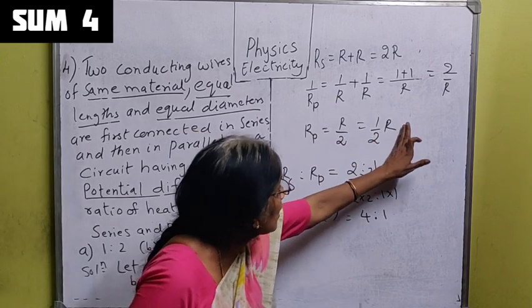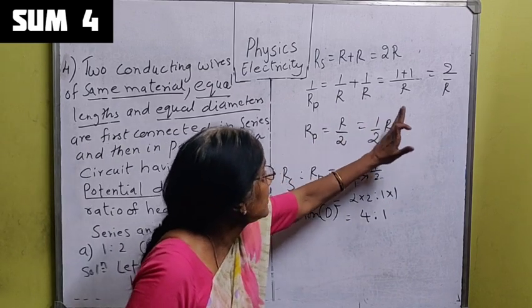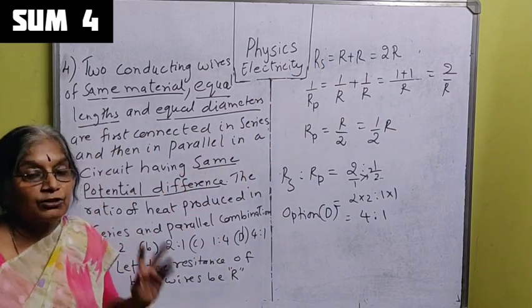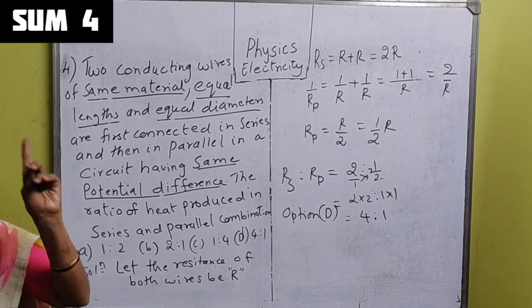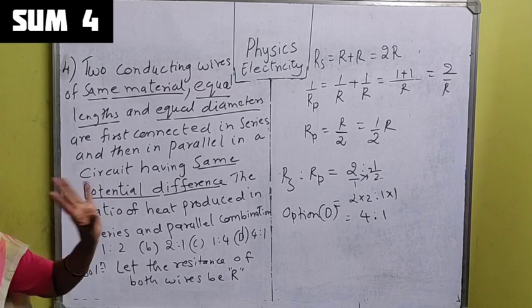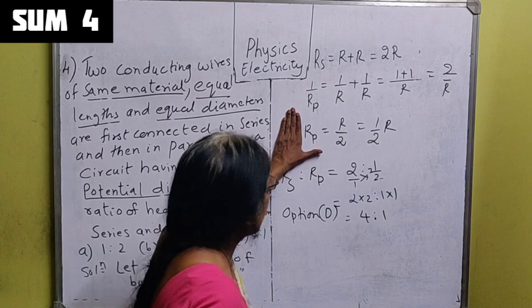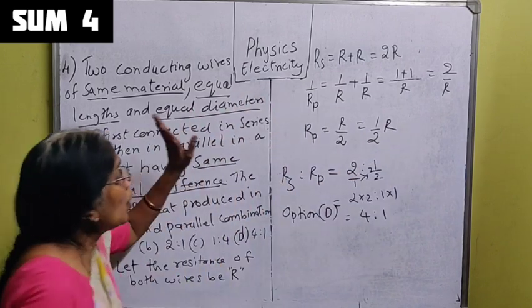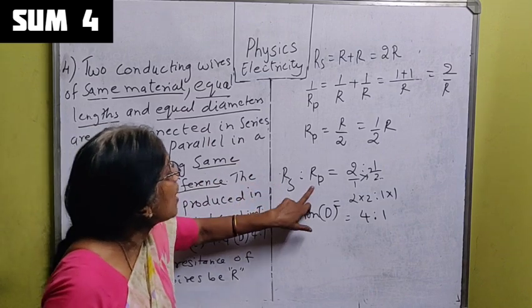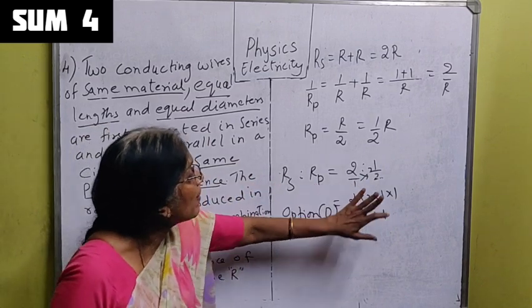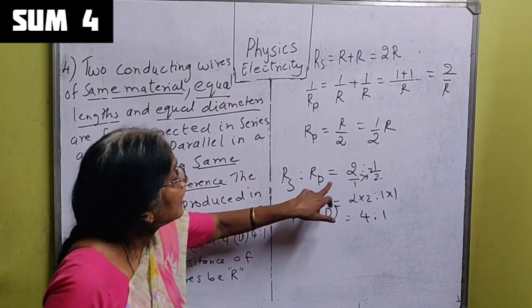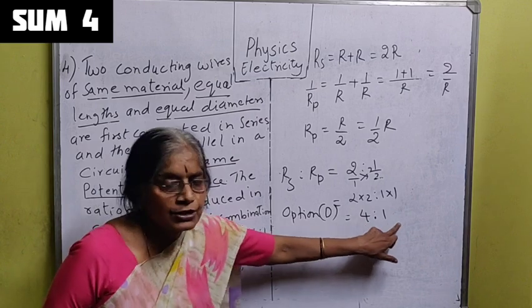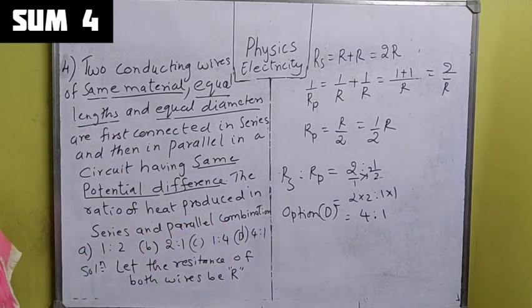So the resistance in parallel will always be half the resistance in series, in this case. So Rs is to Rp will be equal to R is to 1 by 2. Taking the LCM, you will get 2 into 2 is equal to 1 into 1. So it is equal to 4:1. So the ratio is 4:1.